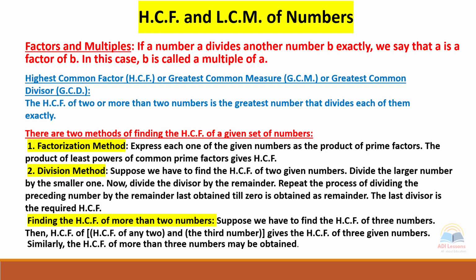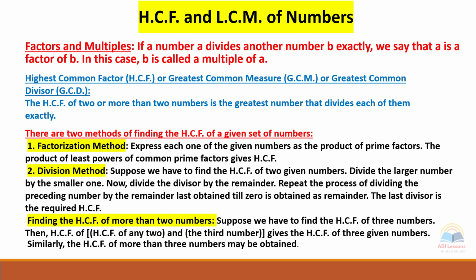Divide the larger number by the smaller one. Now divide the divisor by the remainder. Repeat the process of dividing the preceding divisor by the remainder last obtained till 0 is obtained as remainder. The last divisor is the required HCF.